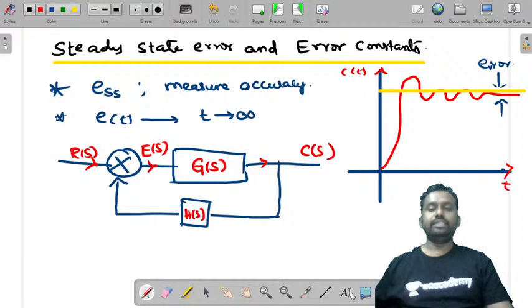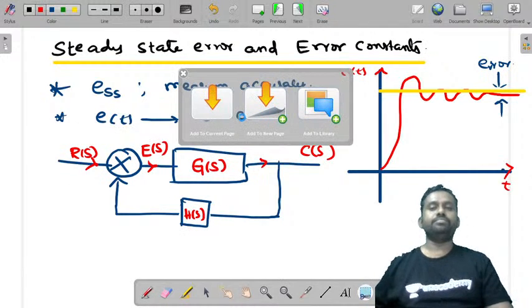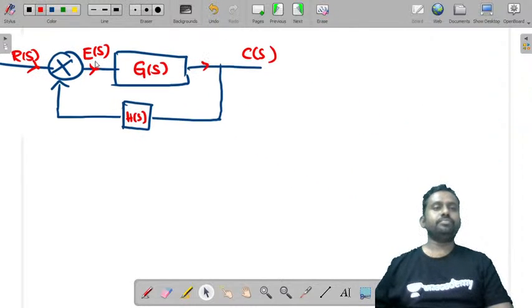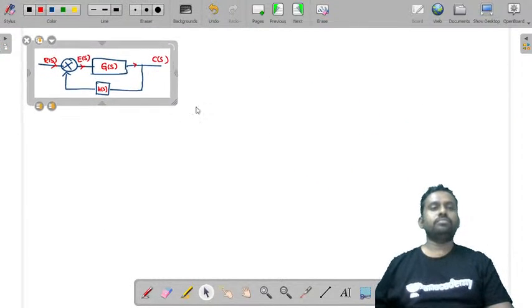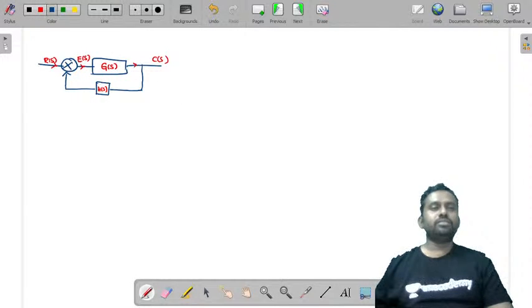So let us consider this and find an expression for error. So from this, what can we write the expression of E of s? Can someone tell me what is the expression for error E of s is equal to?